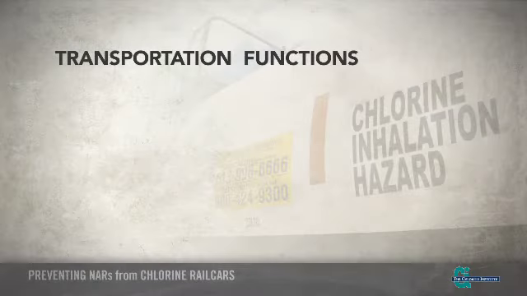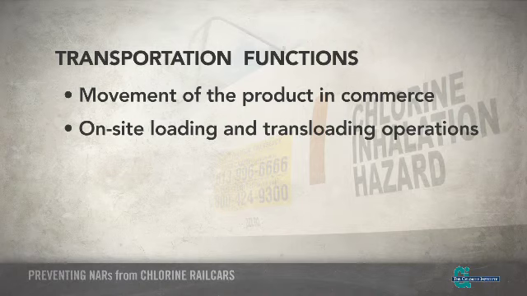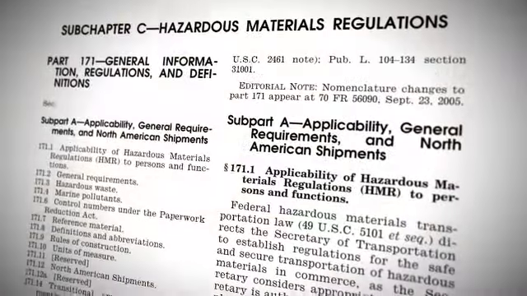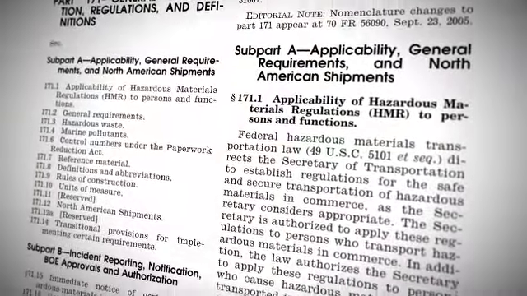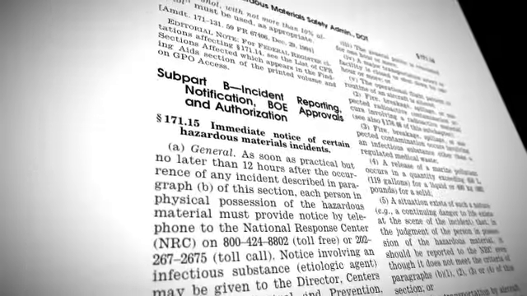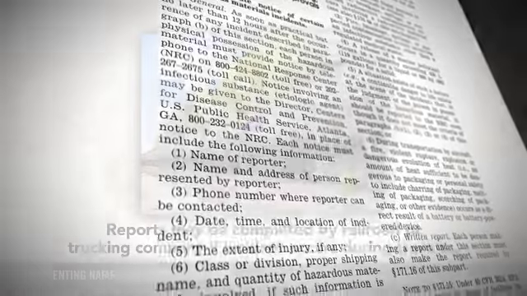Transportation functions include, but are not limited to, the transportation or movement of the product in commerce, on-site loading and transloading operations, or operations when a carrier employee is present. Refer to Section 49 of the U.S. Code of Federal Regulations, or 49 CFR Part 171 for more details on reporting requirements.